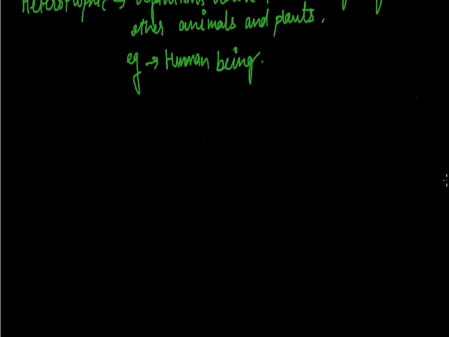Now, heterotrophs are further categorized depending on the nature of food they consume. They are categorized into 7 categories on the basis of the nature of food they consume. The first category of heterotroph is herbivores.